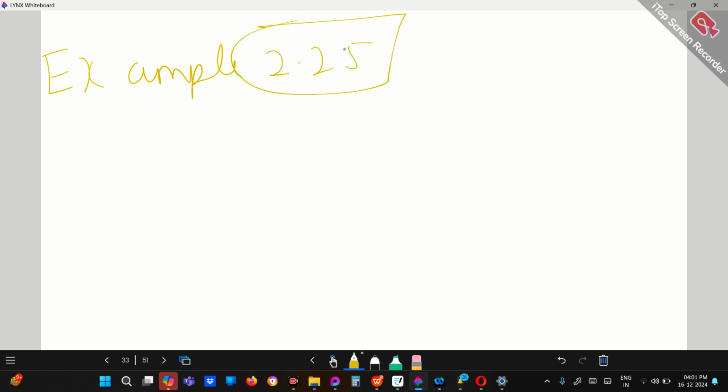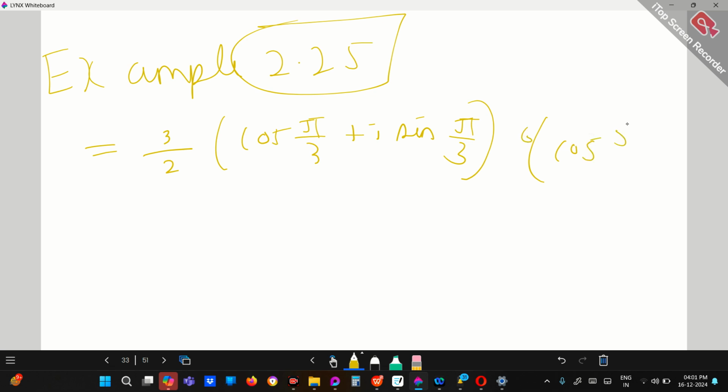Example 2.25 is a very interesting problem. What we have to do is find the product of two things. These are just exercises for you: cos of pi by 3 plus i sin pi by 3, into cos of pi by 6 plus i sin pi by 6.